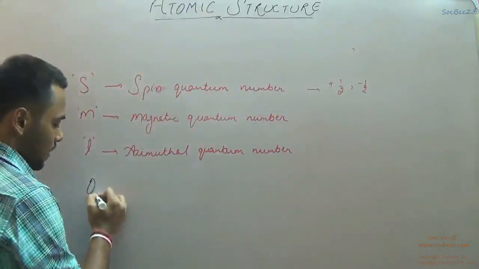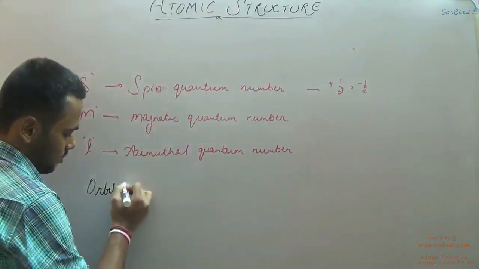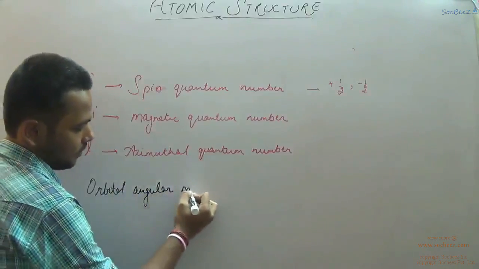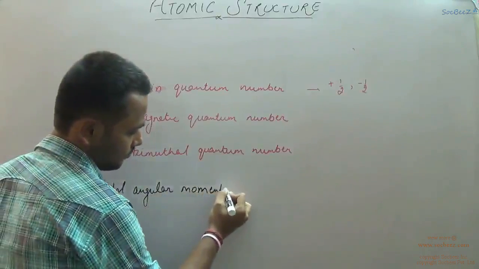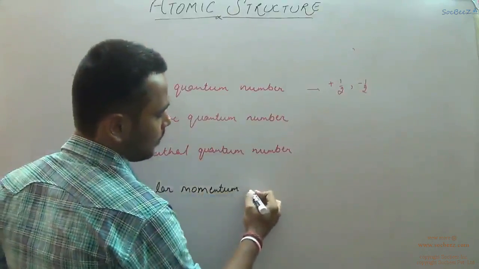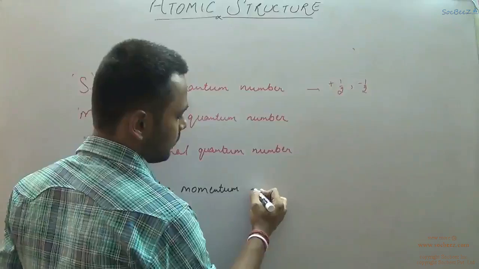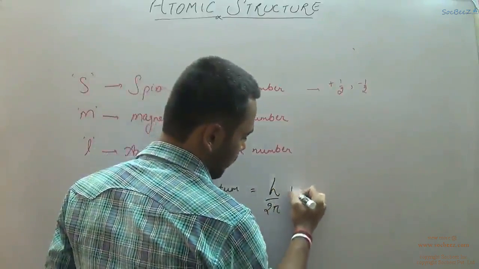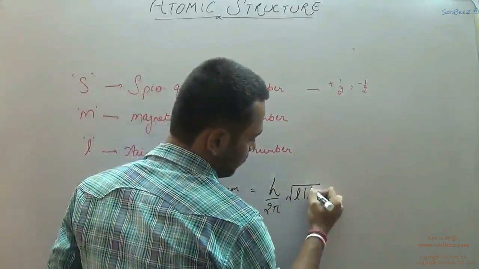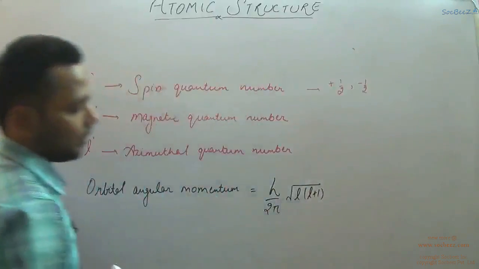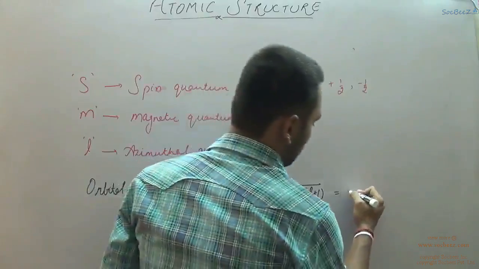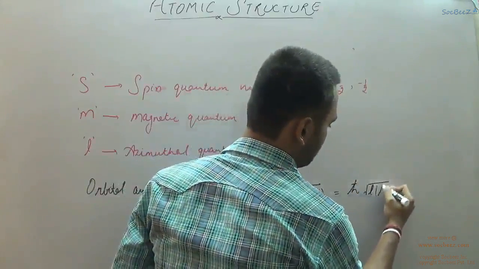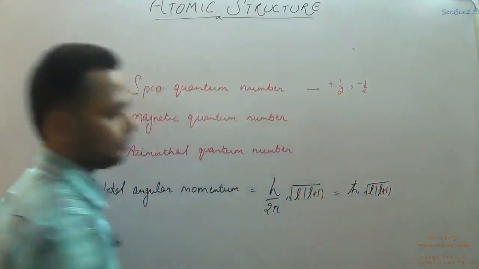The orbital angular momentum of an electron is h upon 2 pi under root L into L plus 1, or it is also written as h crossing under root L into L plus 1.